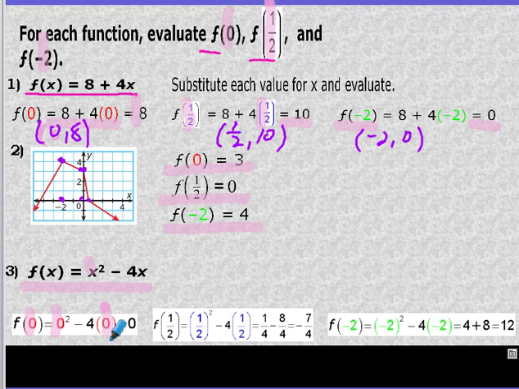Here we have a 1/2 squared, and then a -4 times 1/2 gives us a -7/4. And here when we replace all our x's with -2, we end up with 12. So an important point is when you're evaluating in function notation, the f of a value means replacing that variable, every instance of it in the equation, with the value that you're given.